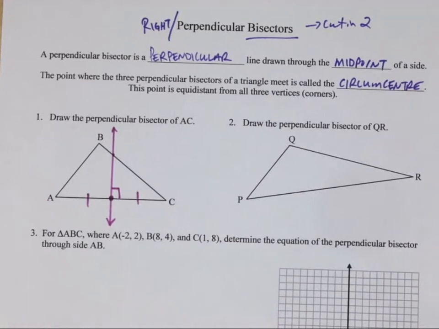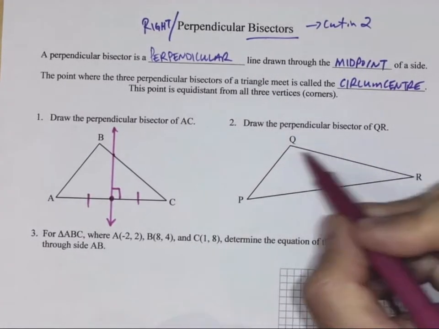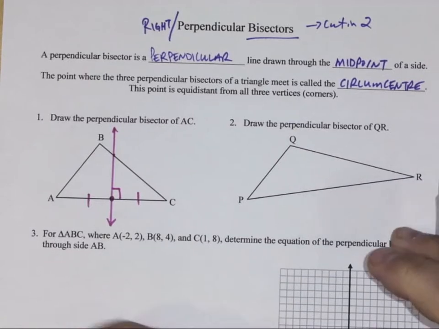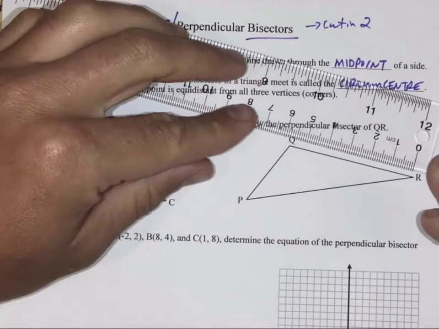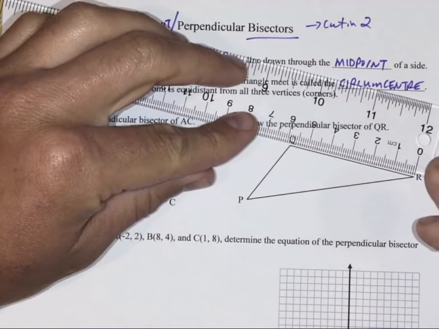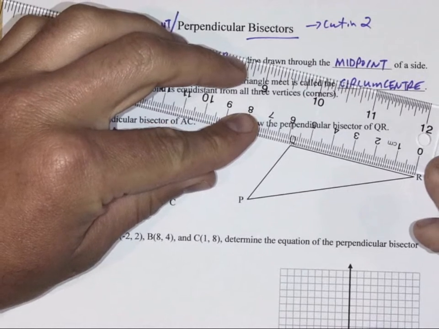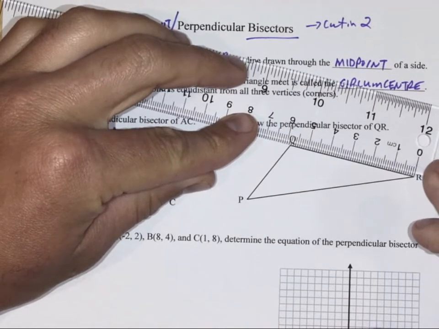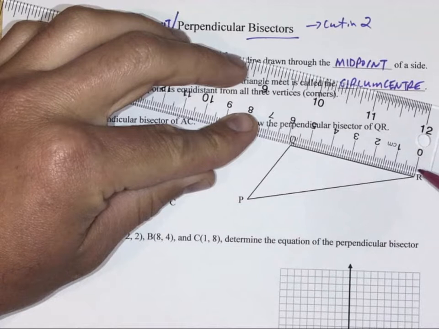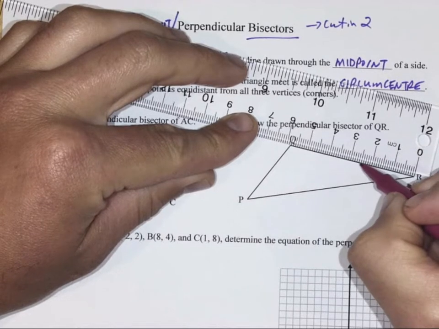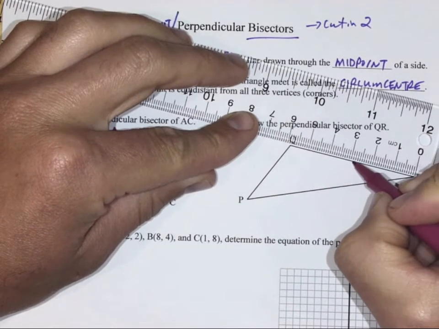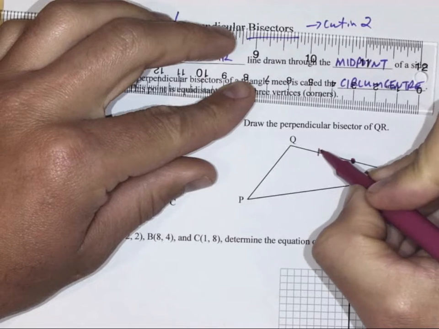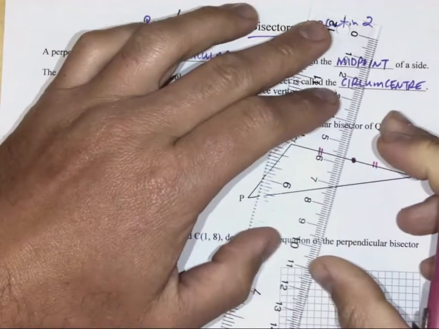So there it is. We do the same thing here for Q and R. Again, crosses at 90.